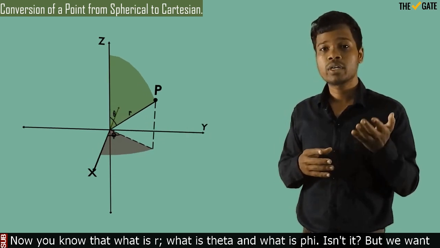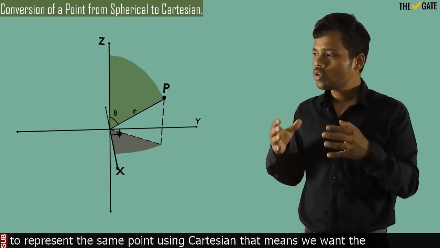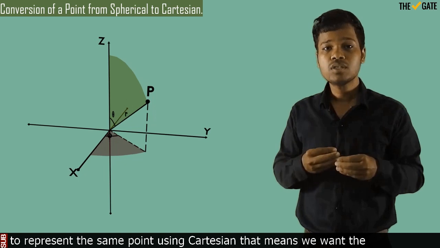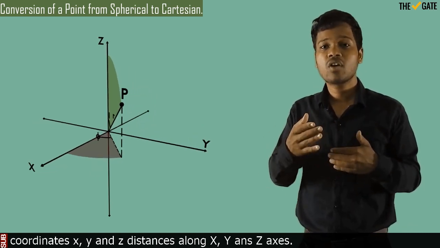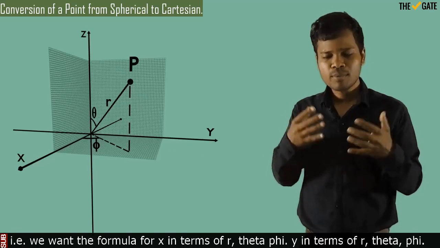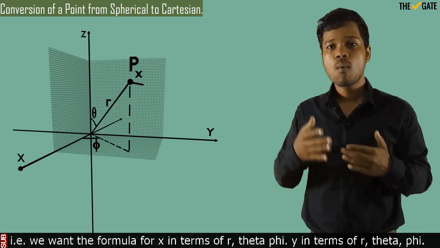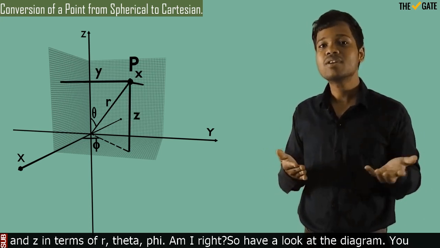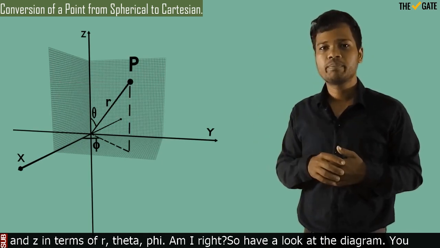Now you know what is r, what is theta and what is phi, isn't it? But we want to represent the same point using Cartesian. That means we want the coordinates x, y and z, distances along x, y and z axis. That means we want the formulas for x in terms of r, theta, phi, y in terms of r, theta, phi and z in terms of r, theta. Am I right?